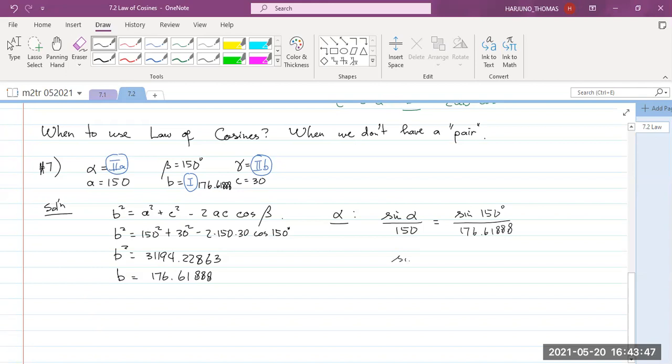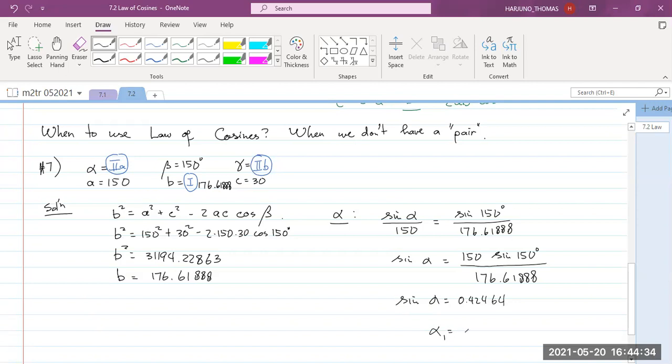So sine alpha will be 150 times sine 150 degrees over 176.61888. So sine alpha equals 0.42464.